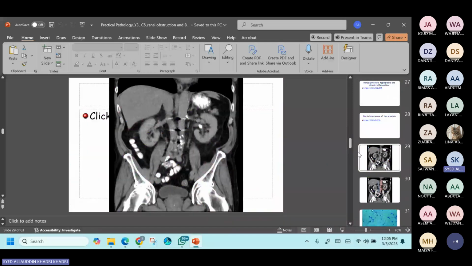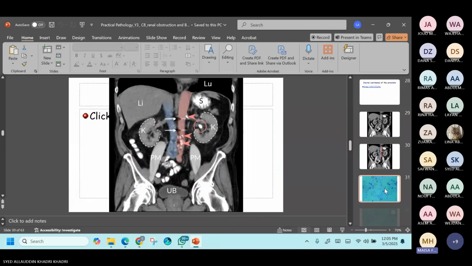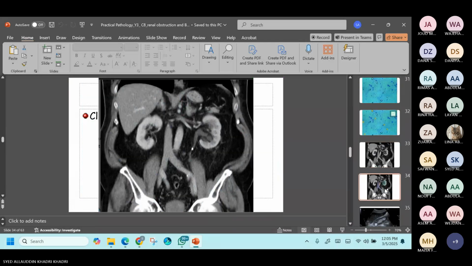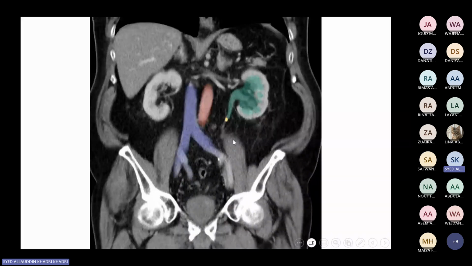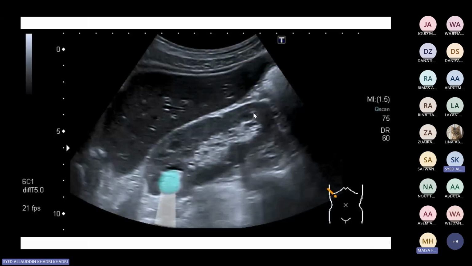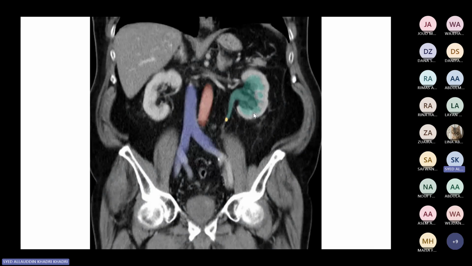Yes, the enlargement. This is an artifact. Yeah, it looks enlarged. See, this is basically a psoas muscle. It's not an enlargement. Here is the enlargement. You can see. Understand? Your question is valid, and this is the psoas muscle.